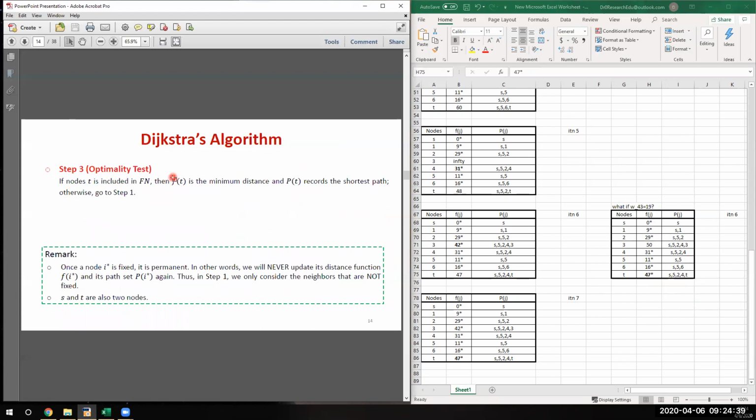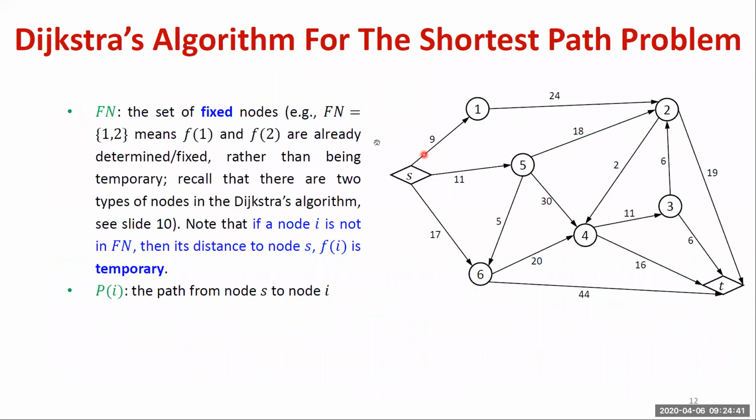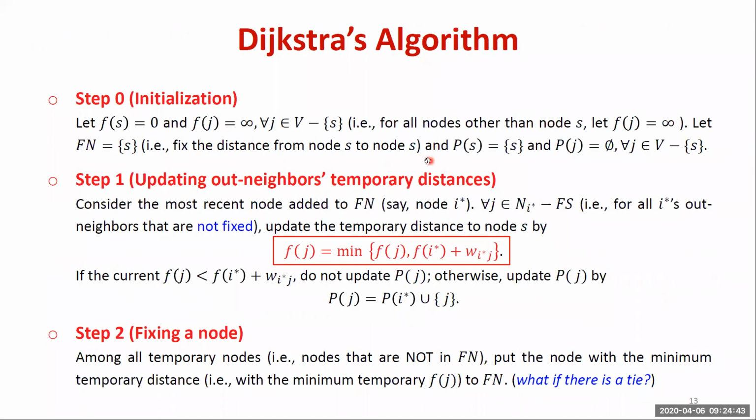Now let's have a summarization of Dijkstra's algorithm. After running this example, I think this summarization makes more sense for most of you. First of all, I'm going to do initialization.